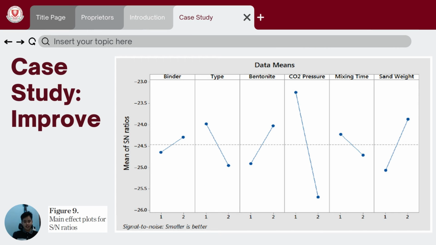To clearly visualize the data, it is indicated as smaller the better, where I is represented as the average and S is the standard deviation for this experiment. It clearly shows that the binder is 10% type, the sand is selected as fresh, bentonite powder is selected as 8%, the carbon dioxide is medium, the mixing time is 10 minutes, and the sand weight is 15 buckets.